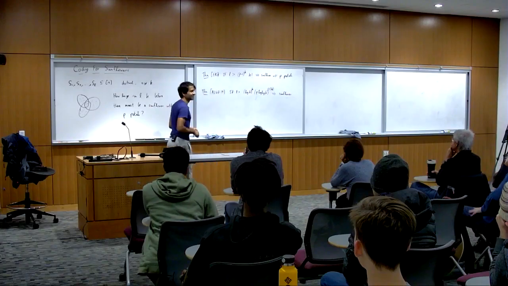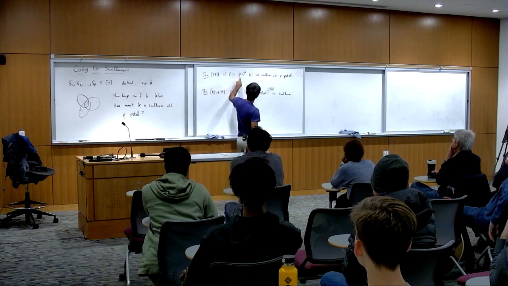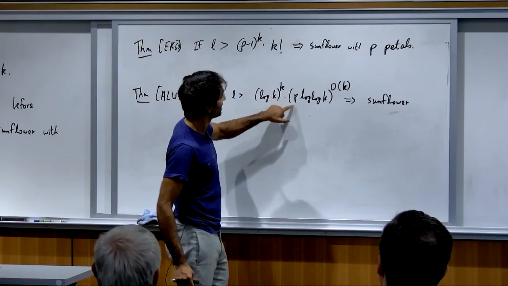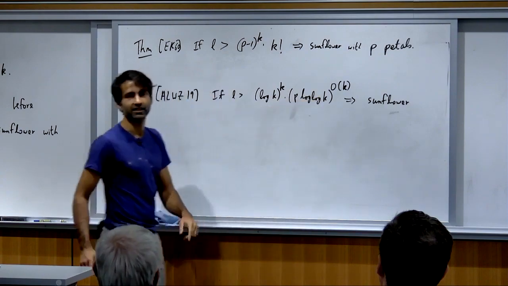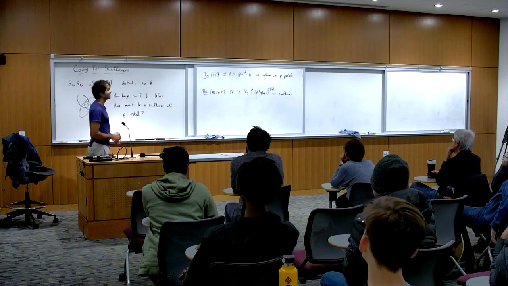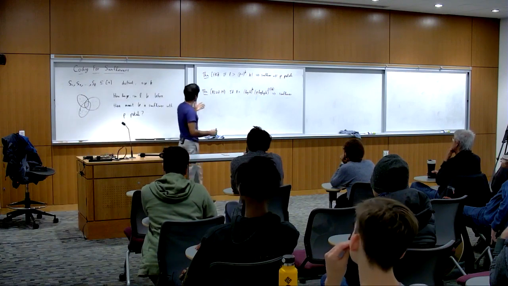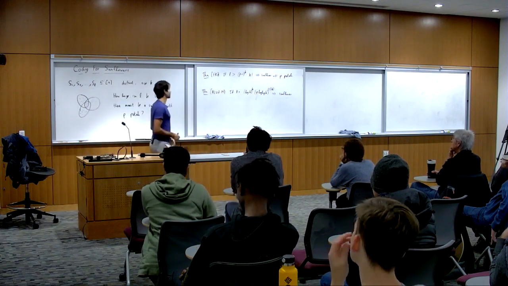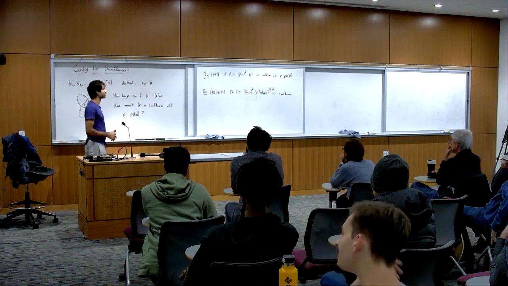So this looks like p to the k times k to the k, and this is log k to the k times essentially p to the k. And this is really a phenomenal result because this problem has been open for almost 60 years. Lots of people have tried to work on it.